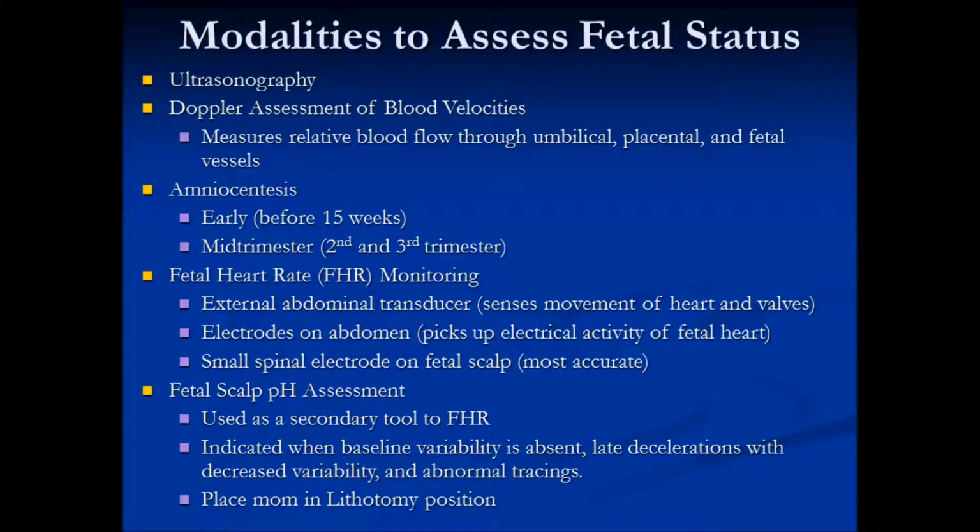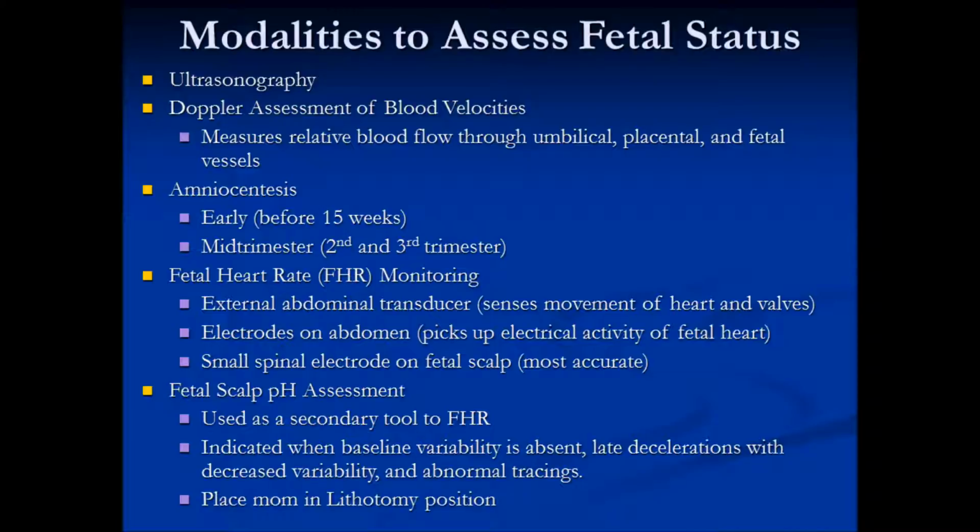That shows slight asphyxia. But a pH of less than 7.2 is severe asphyxia. So they want the pH to be above 7.25. If it is not, then baby may be in trouble.